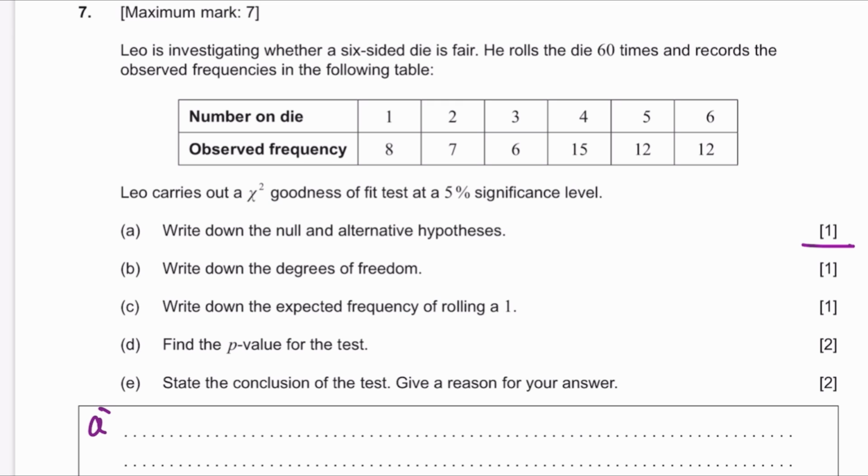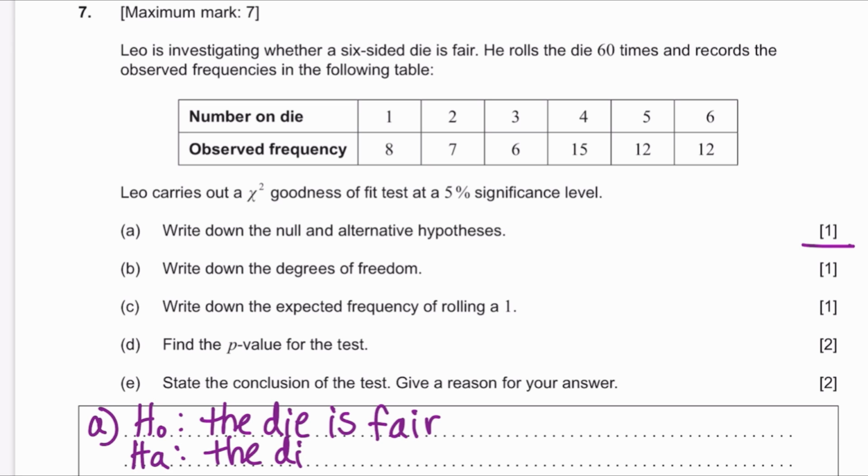So for part A, you want to make sure that you identify which one is your null and which one is your alternative hypothesis. The null hypothesis is H with an O, H naught. So you can write the die is fair. So the null hypothesis is there's nothing going on, the die is fair. The alternative hypothesis is that the die is not fair.